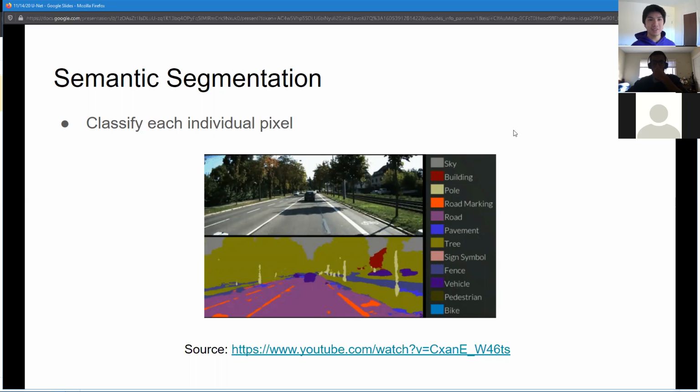Well, with semantic segmentation, instead of looking at the entire image as a whole and classifying it, we actually look at each individual pixel, right? We say, okay, this tiny pixel here, what is it? Is it a dog pixel? Is it part of a dog? Is it a cat pixel? Is it part of a tree, right?